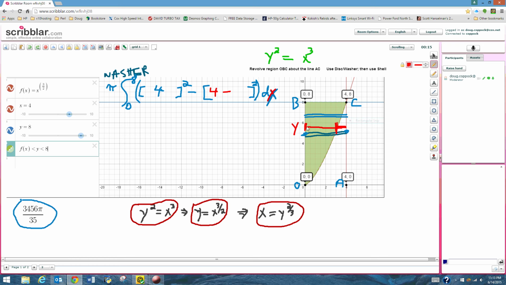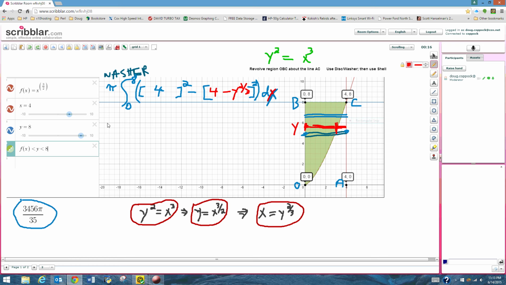You raise this y-coordinate to the 2/3 power to get this distance. So the entire distance, which is 4, take away y to the 2/3. That's the inner radius.